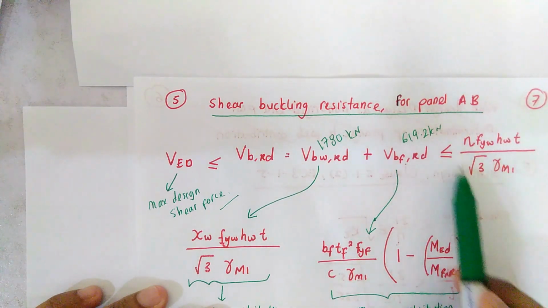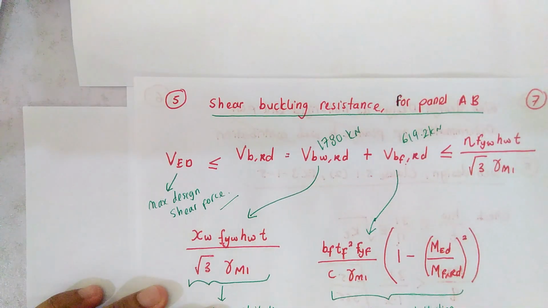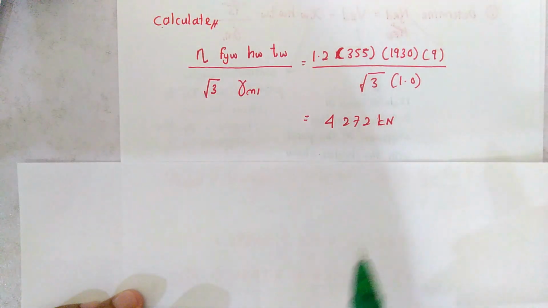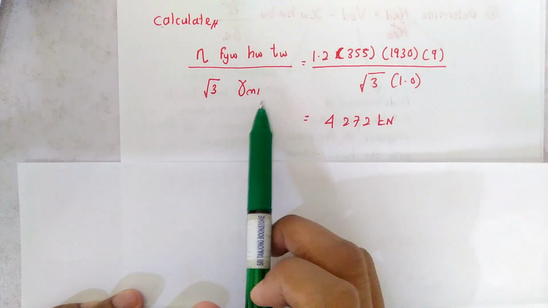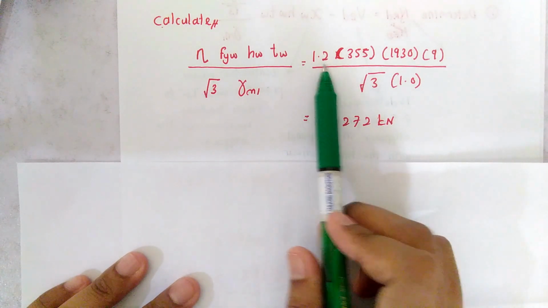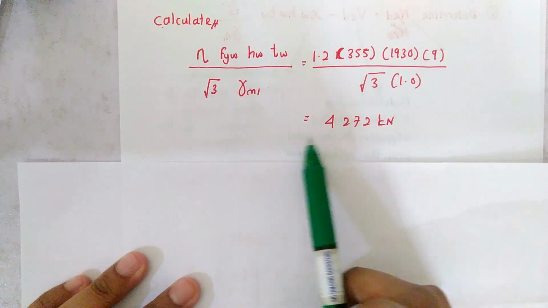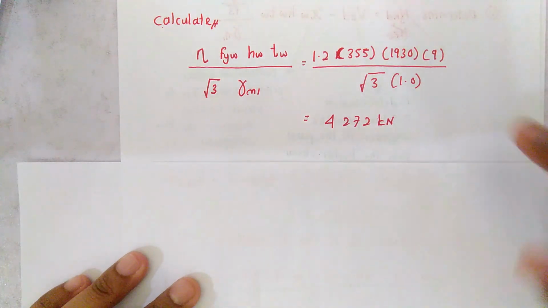Then finally you need to calculate for this value. For that value, basically all the parameters here, we already know. Here it is 1.2. Insert all the parameters, and finally you get 4272 kilonewtons.